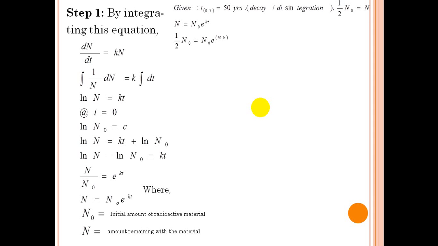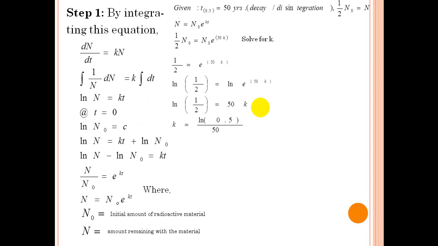So N sub o is canceled out, leaving the equation 1/2 equals e raised to 50k, and by natural logarithm, we solve for the value of k, which is equal to ln of 1/2 over 50.